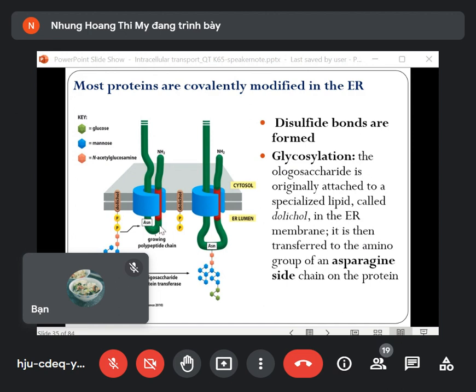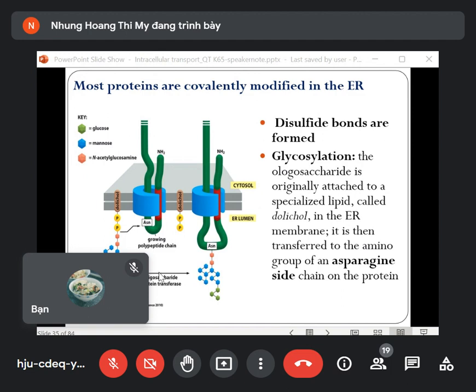When the appropriate asparagine in the growing polypeptide chain enters the ER lumen, the dolichol will transfer the branched oligosaccharide to the asparagine amino acid on the growing polypeptide chain. This action is catalyzed by the enzyme named oligosaccharyl transferase.